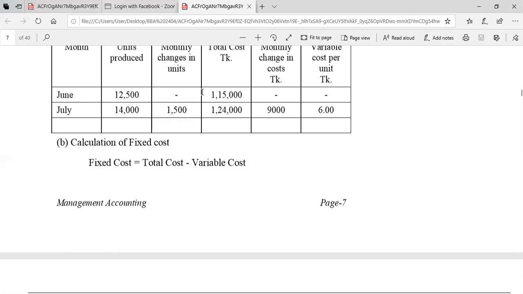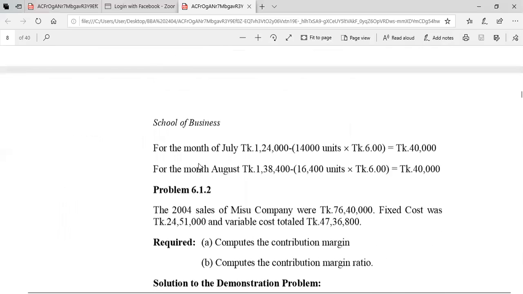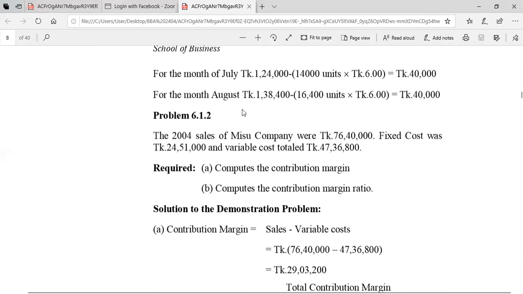Here the total cost is 1,15,000 and the variable cost is 75,000, so 1,15,000 minus 75,000 is equal to 40,000. If we calculate July, then 1,24,000 minus 14,000 units into 6 is equal to 40,000.